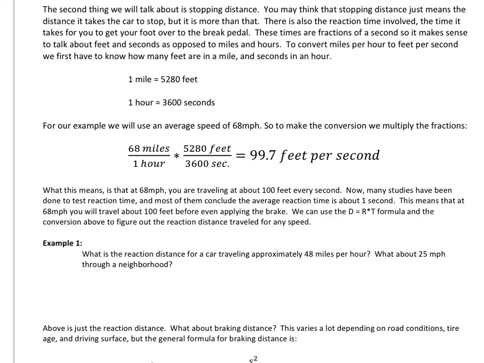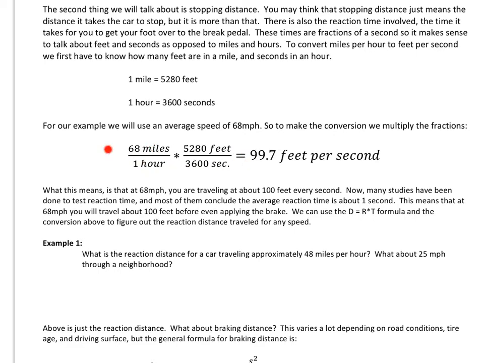So let's take, for example, you're going 68 miles per hour. At 68 miles per hour, that's 68 miles in 1 hour. So you write it as a fraction, 68 miles in 1 hour. And then you're going to multiply it by the conversion. Since 1 mile is 5,280 feet, and 1 hour is 3,600 seconds, you're just going to multiply straight across.